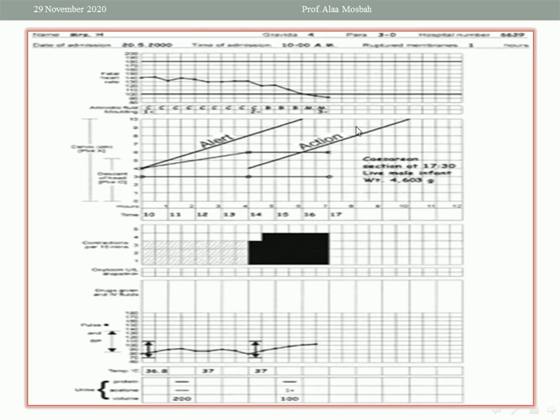So there is arrest of descent and arrest of cervical dilatation despite good uterine contraction, as you see here, 3 to 4 efficient uterine contractions. So this case with these parameters, fetal heart distress, meconium, arrest of cervical dilatation, arrest of descent of the head despite good uterine contraction, is an indication for cesarean section, of course.